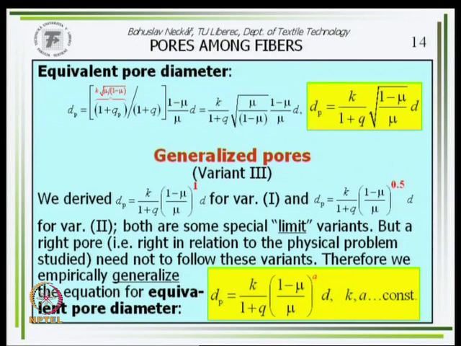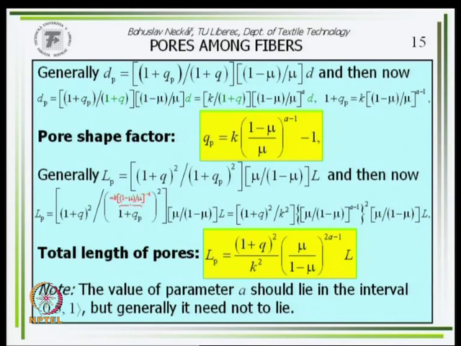A is sometimes 1, sometimes 0.5, and maybe sometimes another value. This couple K and a are two parameters. I will discuss later how to obtain these parameters for variants 1, 2, and 3.